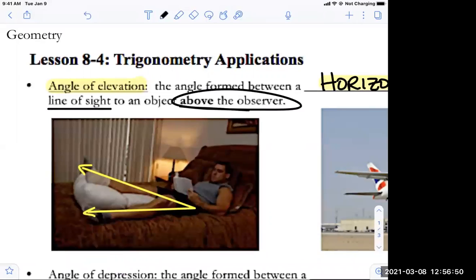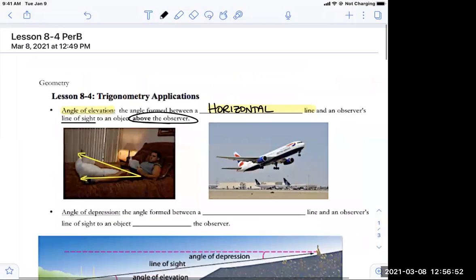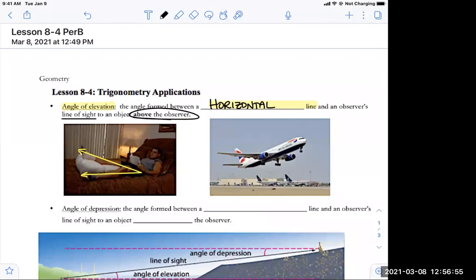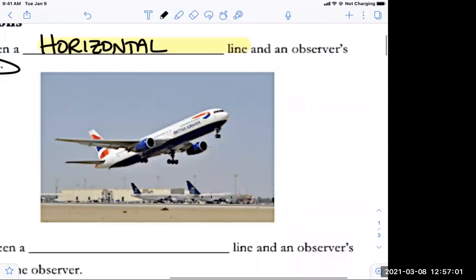Elevation means to raise, right? So if you were to look straight out horizontally and then lift your eyes, you're creating an angle of elevation. When a plane takes off, the angle at which it's taking off is called an angle of elevation. It would be that angle right there.